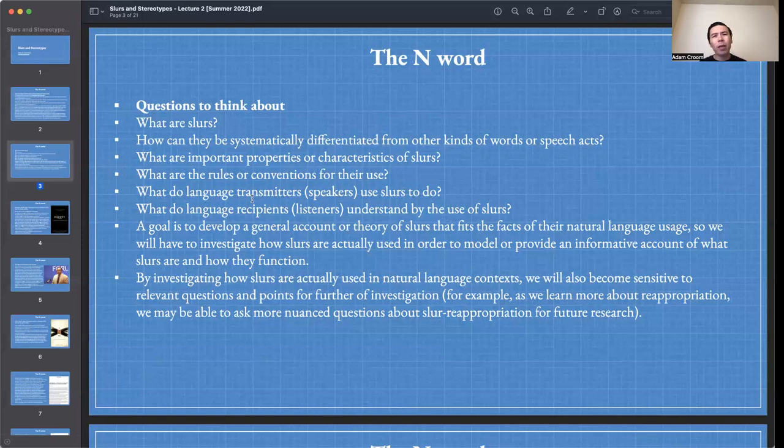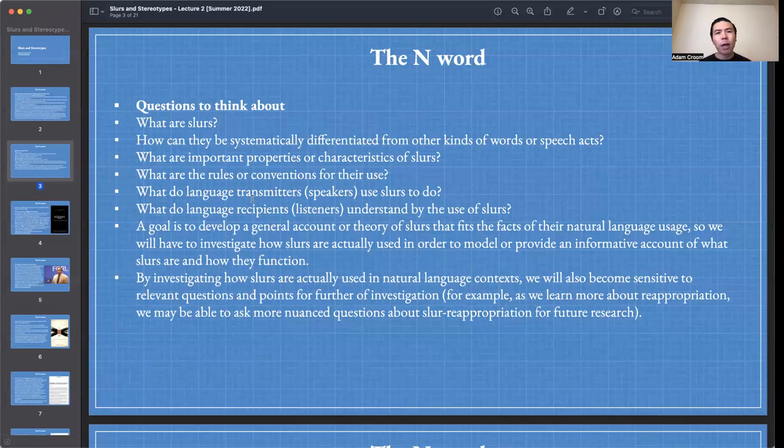Okay, if we want to give an account of how a car functions, we need to understand some facts about how cars work. If we want to give an account of how the heart functions, we need to understand some facts about how the heart works. Similarly, if we're going to give an informed account of how slurs work, how are they used to derogate and harm people? Also, how is it possible for them to be reclaimed and reappropriated?